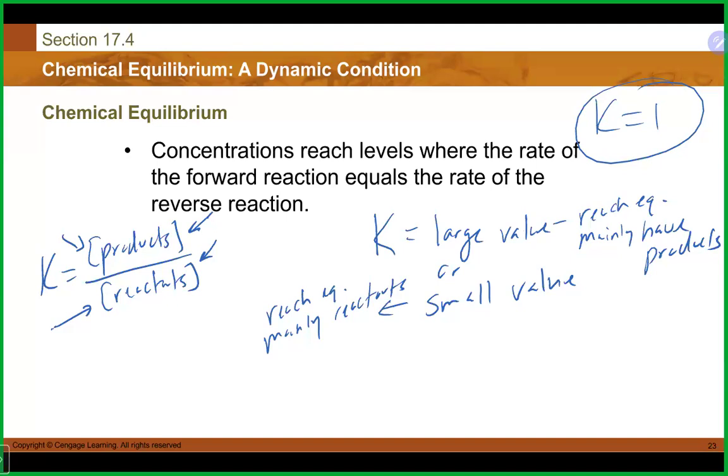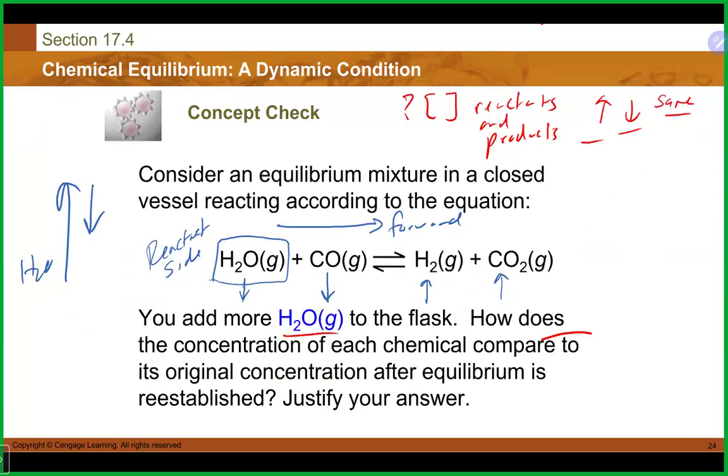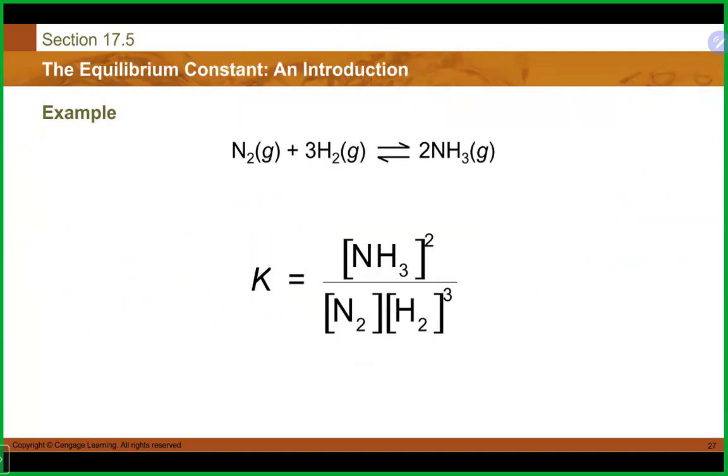And anywhere in between, you could have really large numbers, really small numbers, and values anywhere in between as well. But that is what K kind of tells us. Again, if we have a large value, I should expect products at equilibrium. If we have a smaller value, you should expect reactants to be present.